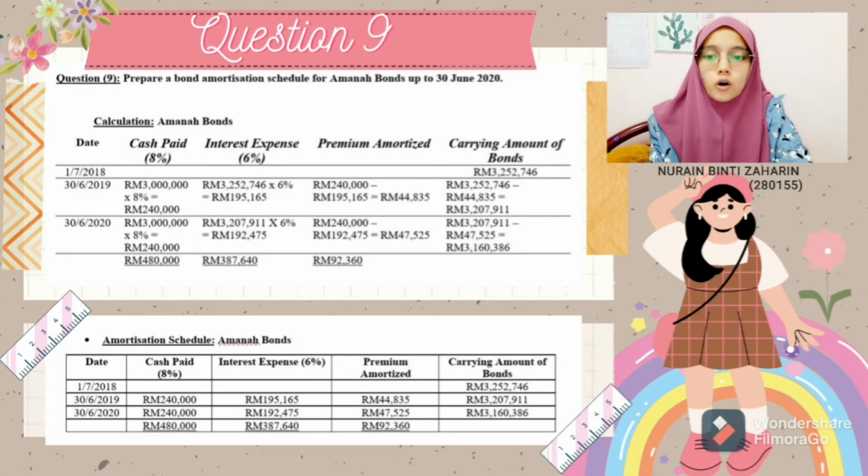3,207,911 ringgit. On 30 June 2020, the cash paid is 8% of the maturity value, which is 3 million ringgit. Then we'll get 240,000 ringgit.